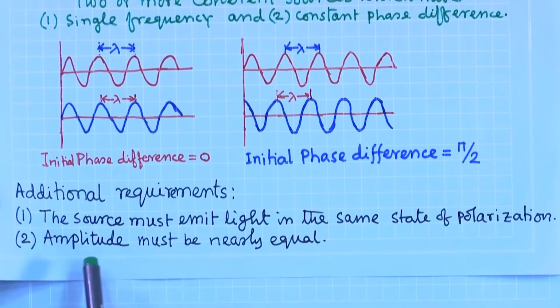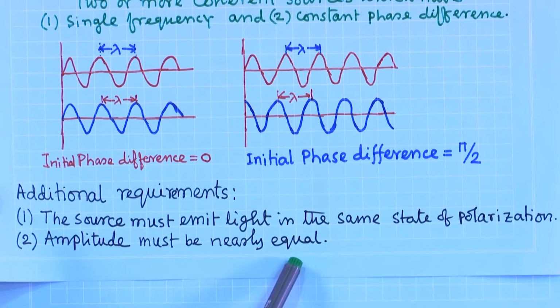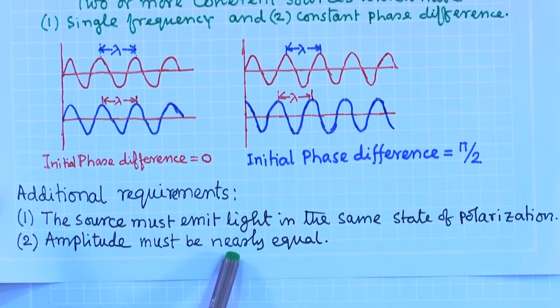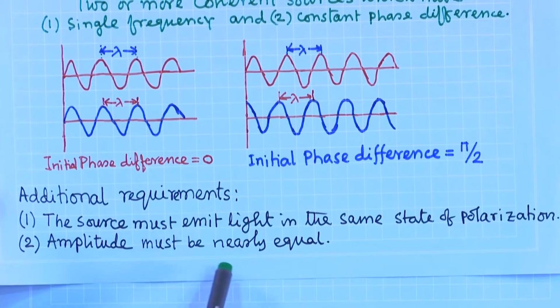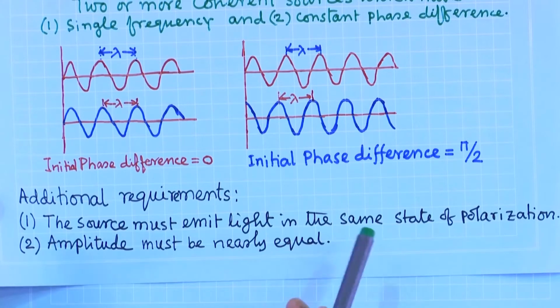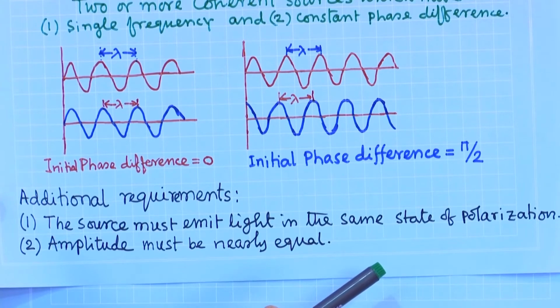And amplitude must be nearly equal, as I told, may not be equal, but it should be nearly equal. So, these are additional conditions to see the better visibility of the interference pattern.